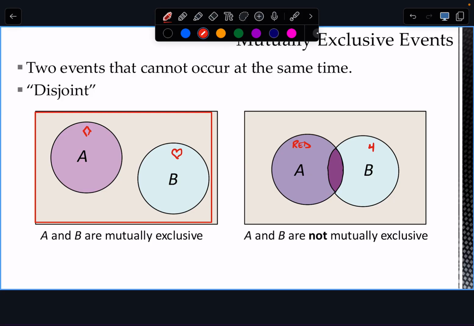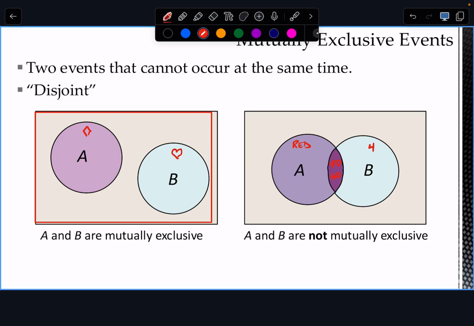When I ask myself, if I draw a single card from the deck, can I draw a card that is a red 4? Yes. I have 26 total red cards. I've got 4 total 4s. How many of those 4s are also red? 2. So there would be 2 outcomes, 2 cards that fall in the overlap, both the 4 of hearts and the 4 of diamonds.